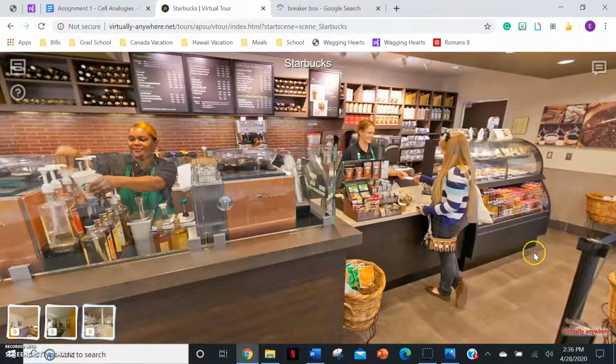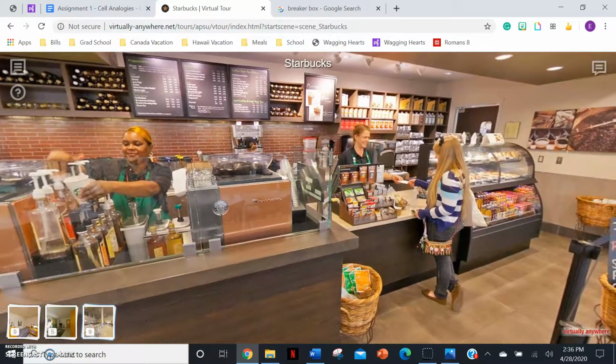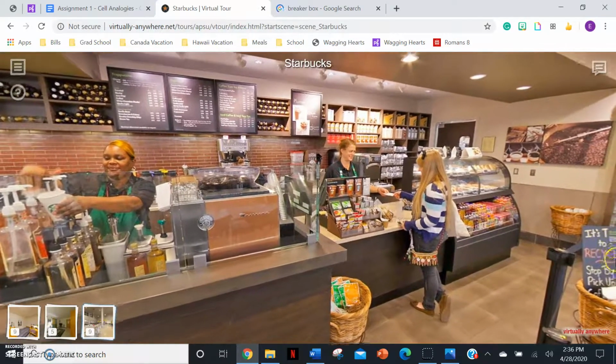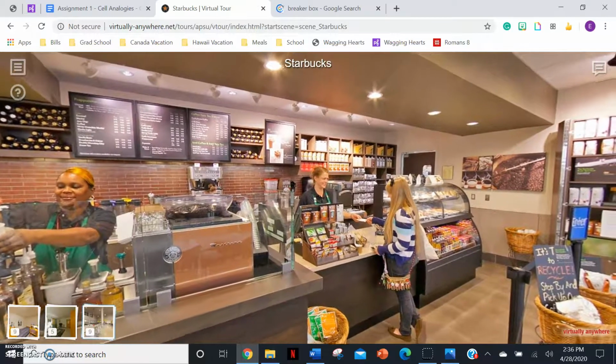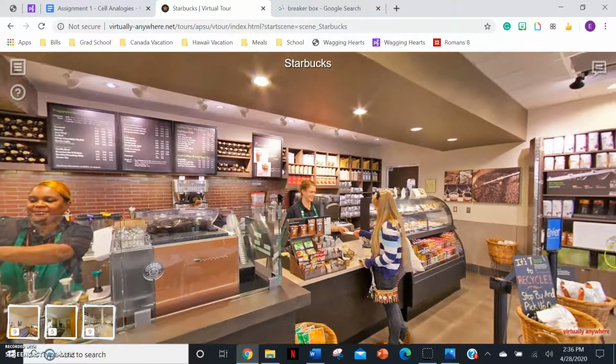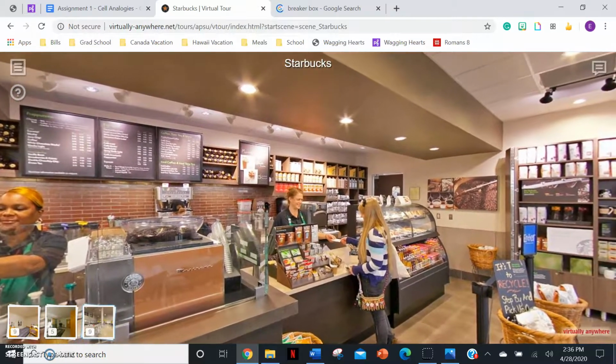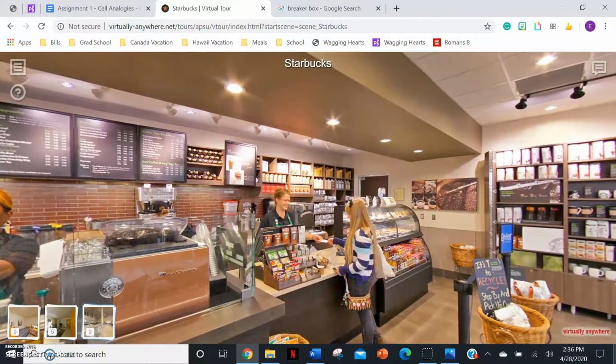Now, I found this nifty virtual tour of Starbucks here. And if you guys notice, around the outside of Starbucks, there's a wall. And if we go further this way, we're going to be able to tell where exactly Starbucks ends. Now, this particular Starbucks, I believe, is inside a school.